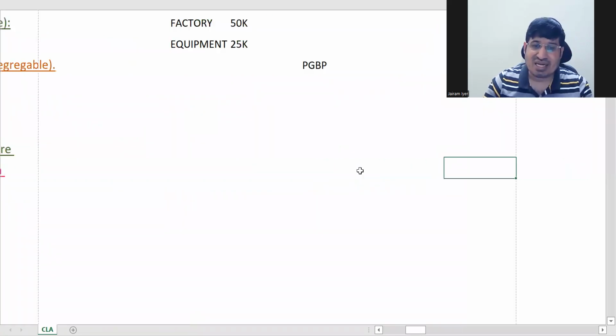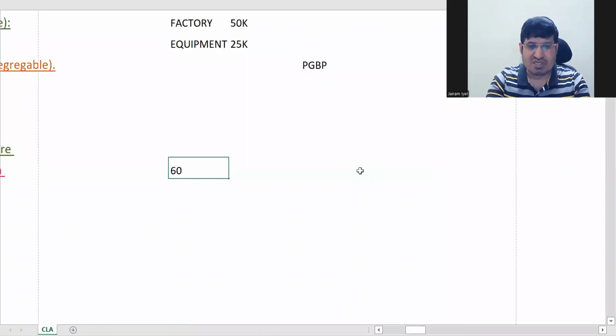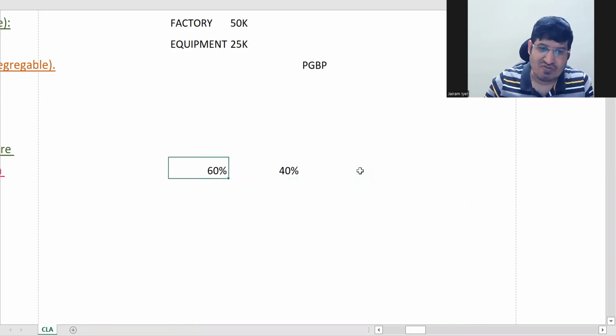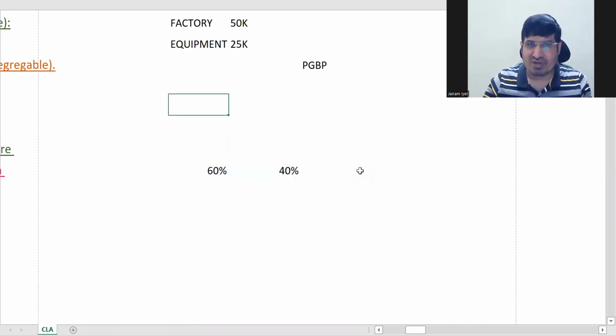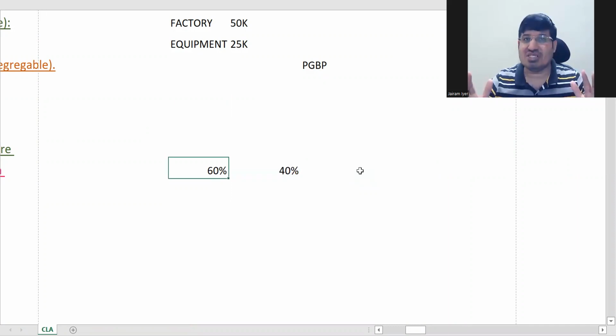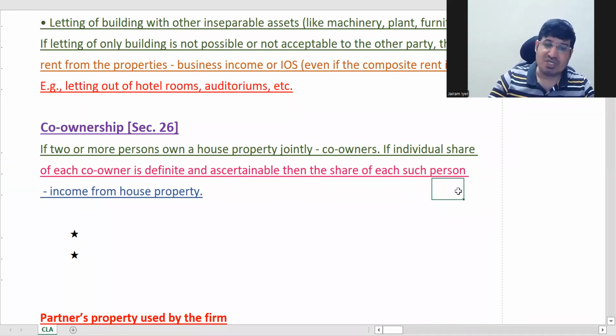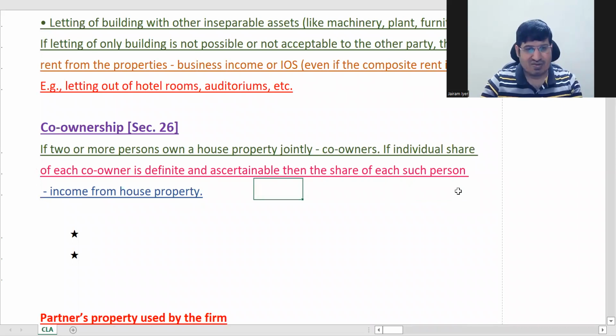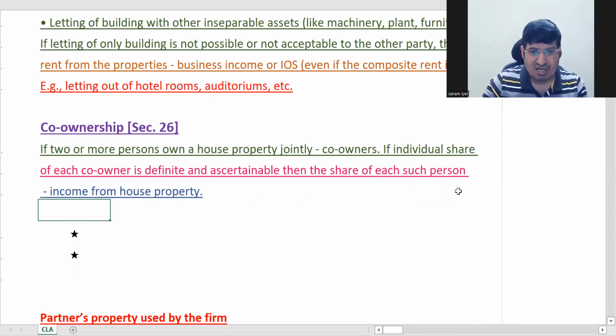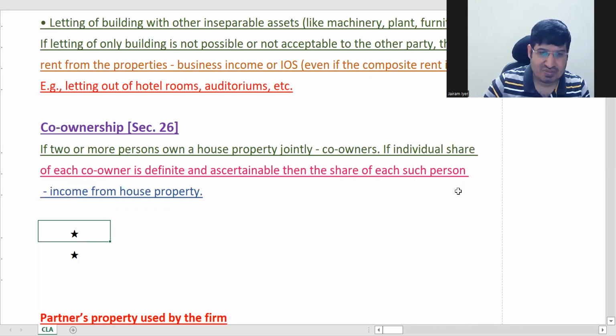In some cases, it can be mentioned that you are a 60% co-owner and you are a 40% co-owner, so it is quite easy to find out the share of these people. In most cases it is 50% co-ownership. If you have inherited the property, automatically you will get a 50% share. So if the share of each co-owner is definite and ascertainable, that means the share should be known, which normally is the case. Then it is income from house property.